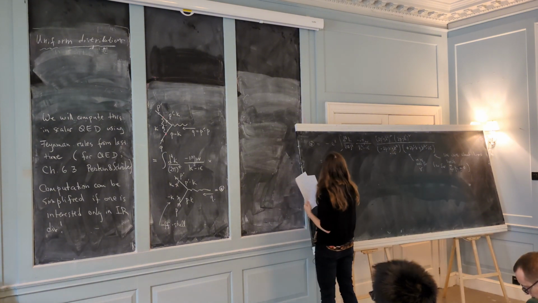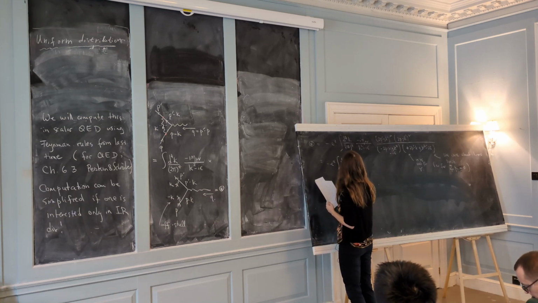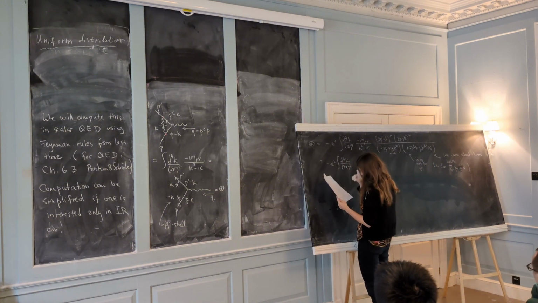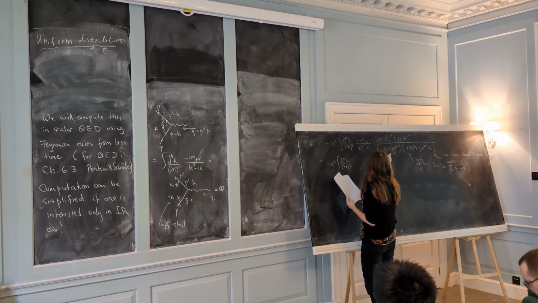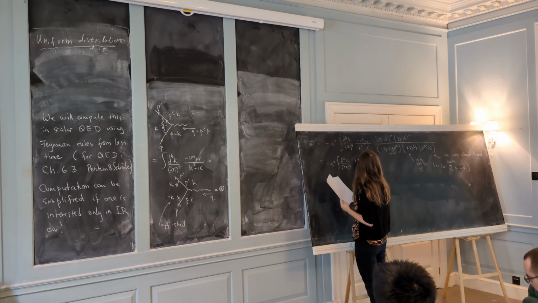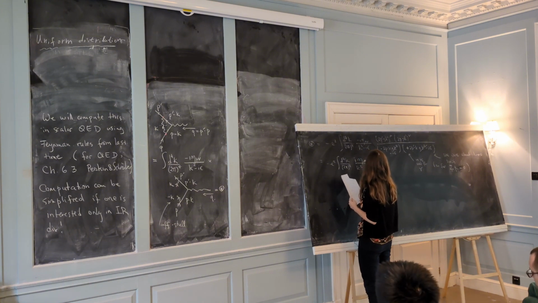So this is just minus e squared and then integral over d4k divided by 2 pi to the 4. And then here I can pull out a sign. So with that sign, I get a plus i eta mu nu divided by k squared minus i epsilon.